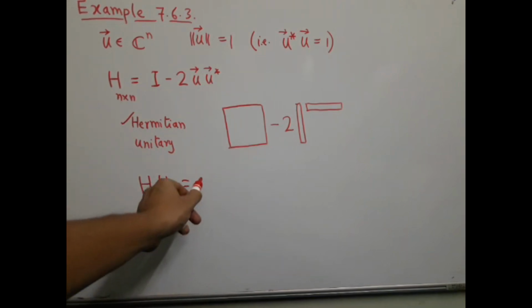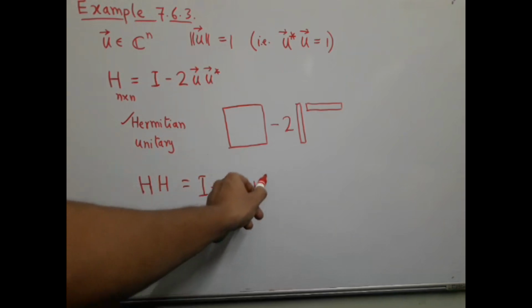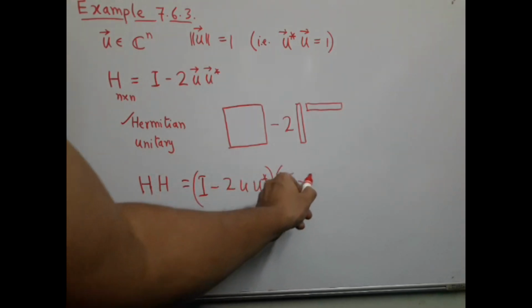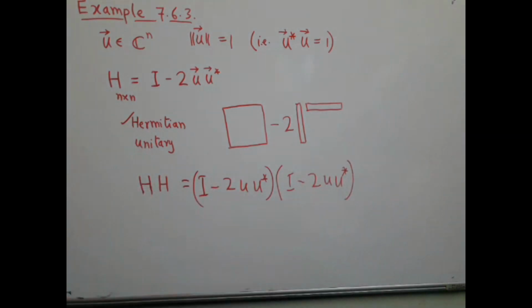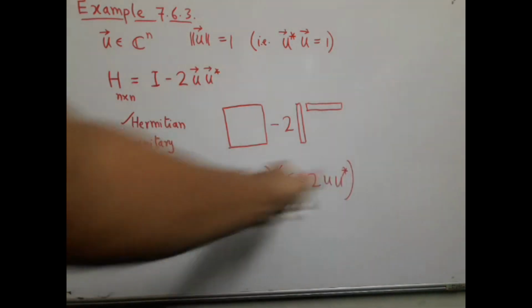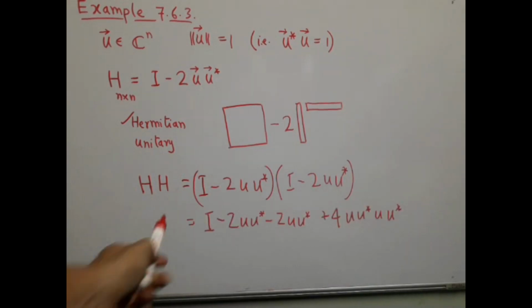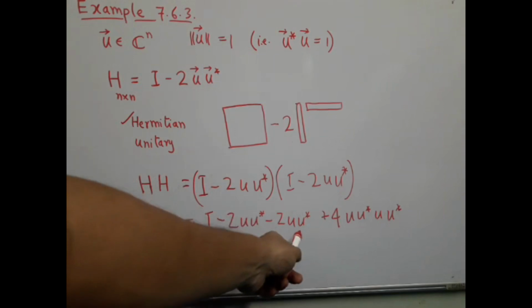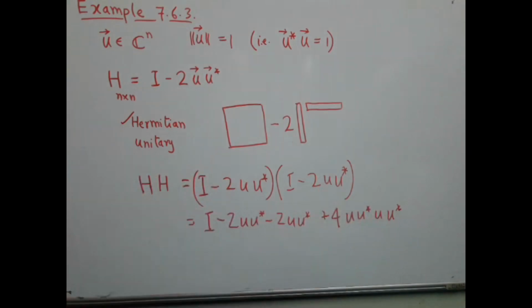Now if I multiply, I will get something interesting. I minus 2 u u star, and I follow it up with another I minus 2 u u star. Now when I just do the product, I will get some simplification. I get 4 terms: I, minus 2 u u star, again minus 2 u u star, plus 4 u u star u u star.